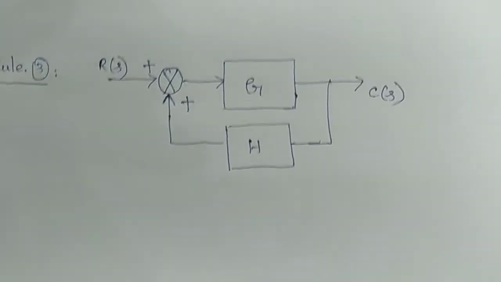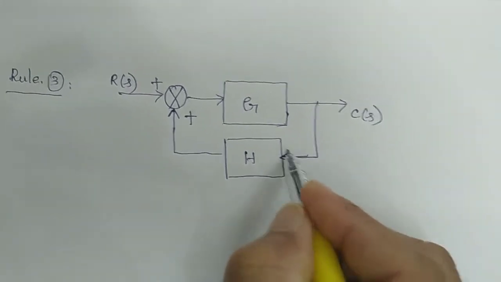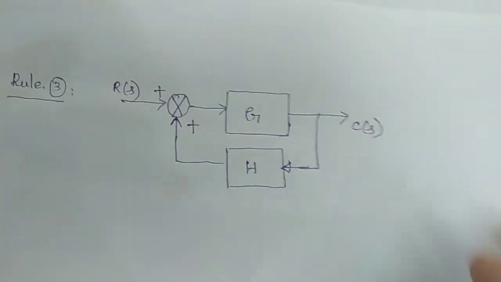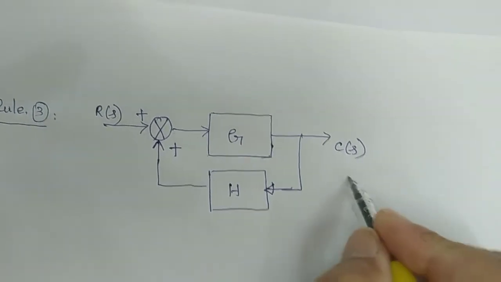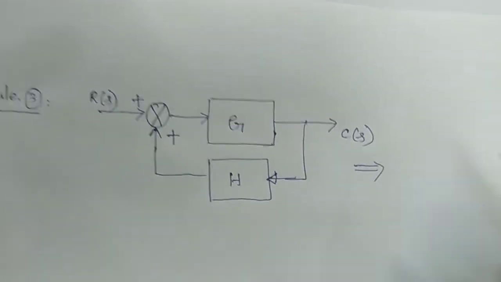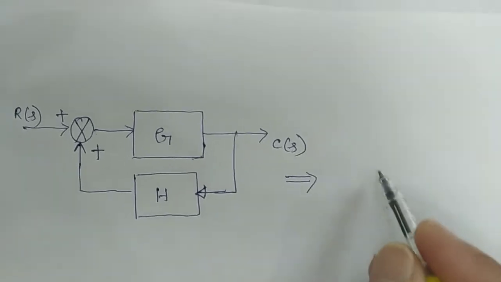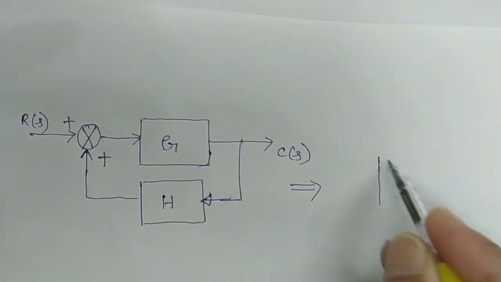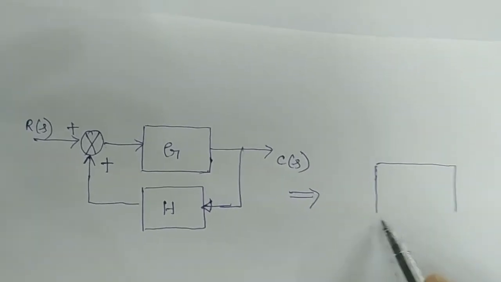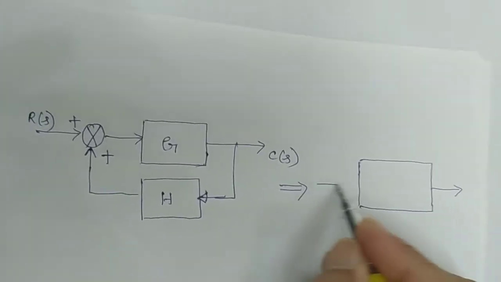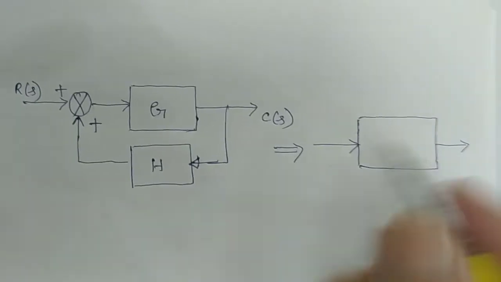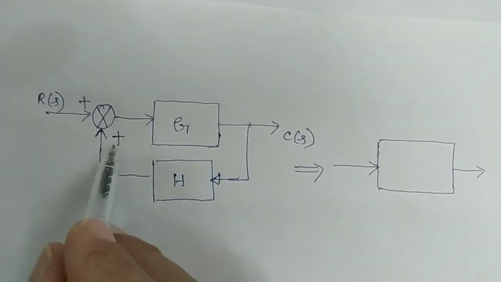If in the given problem you have this type of combination, then you can reduce it like this. Have you remembered? This is nothing but the control system with positive feedback.